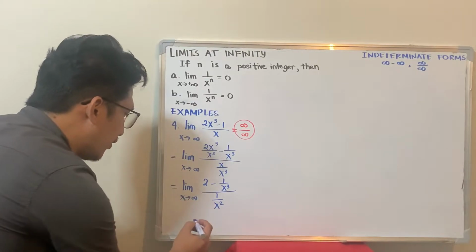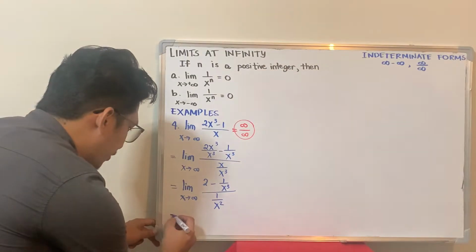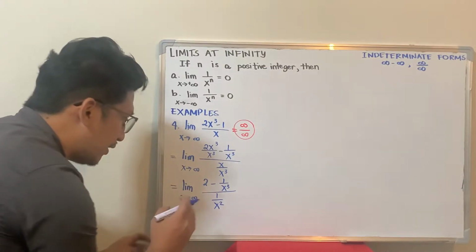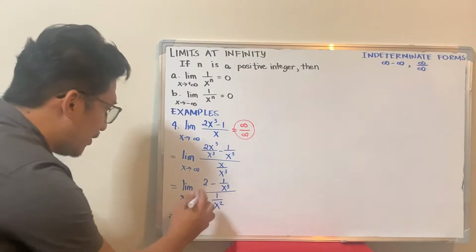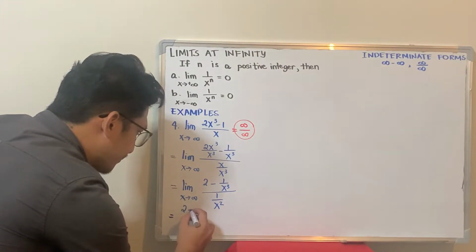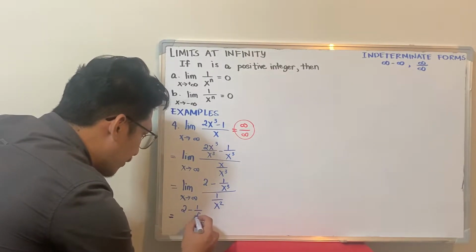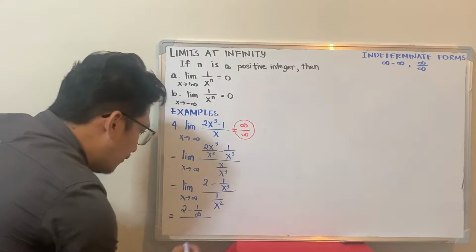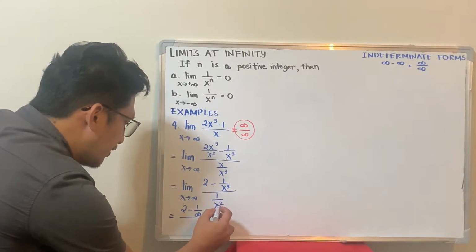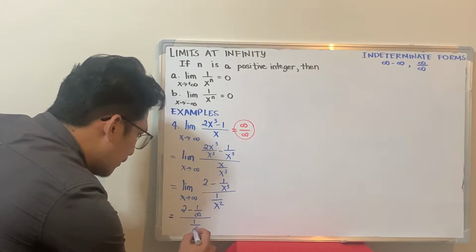So you can now substitute infinity here. There is no limit symbol anymore, since I can substitute. So you have 2 minus 1 over infinity cubed, or just simply 1 over infinity, all over infinity squared, which is still infinity, all over 1 over infinity.